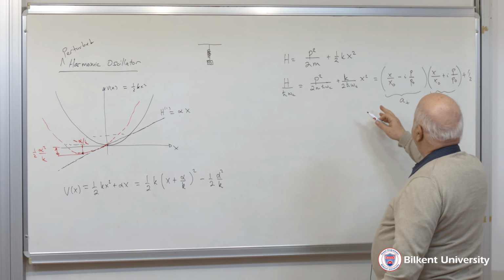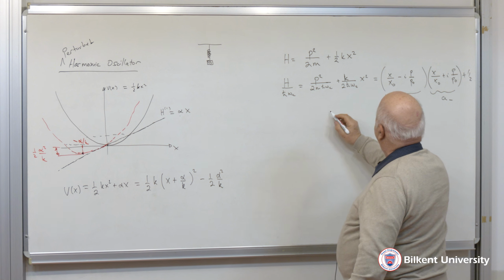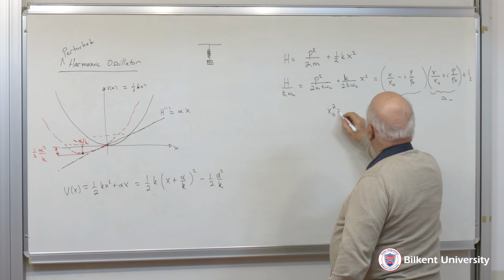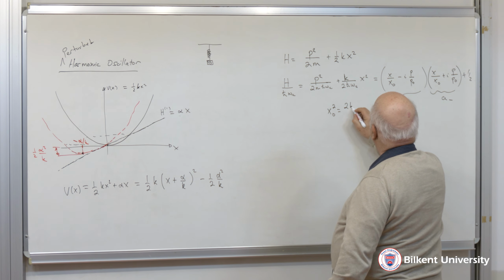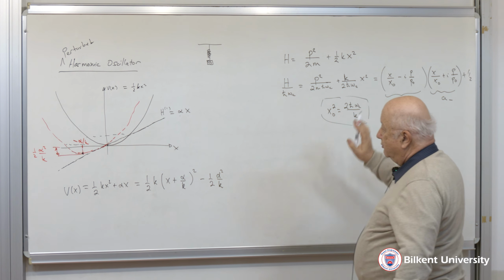So this x0, which divides this, or x0 squared, is going to be equal to 2 h bar omega c over k. Okay, so it's something I want to keep in mind.